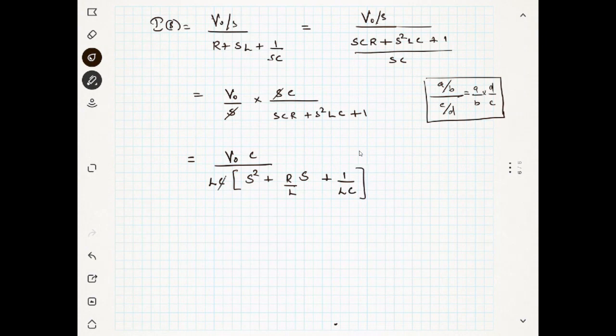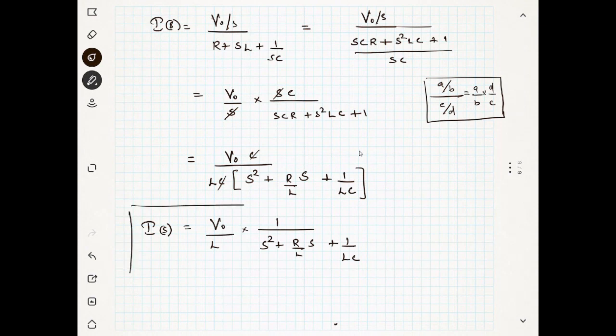Now you can see the LC will cancel, so it becomes V0 by L, or I can write it like this: V0 by L into 1 over S square plus R by L into S plus 1 by LC. This is my I of S.